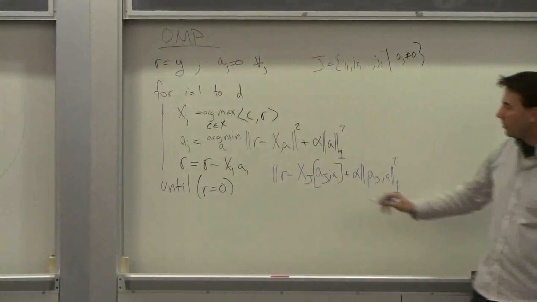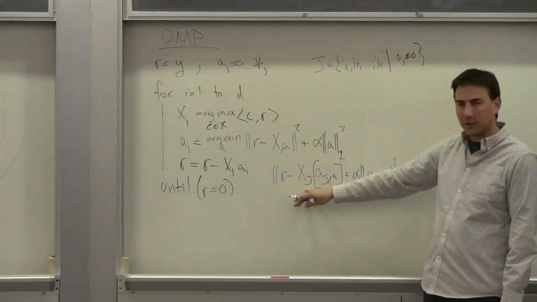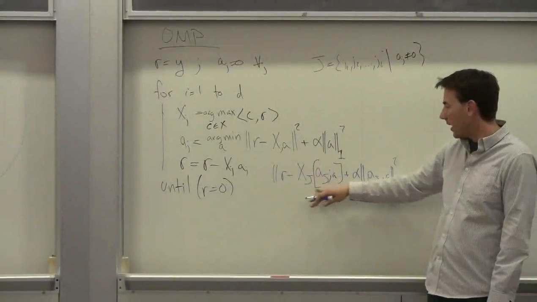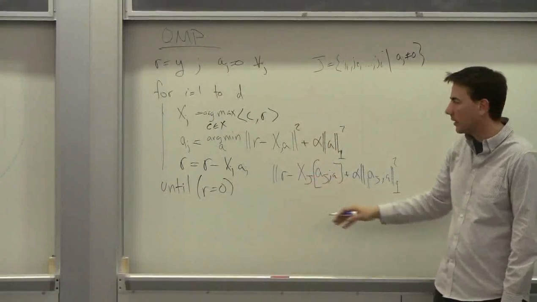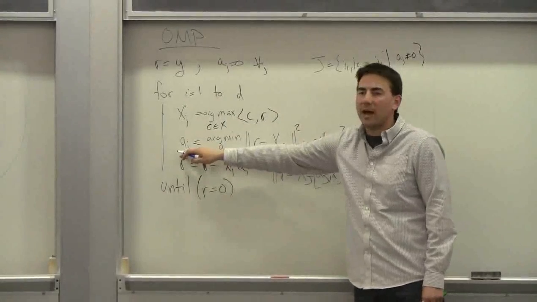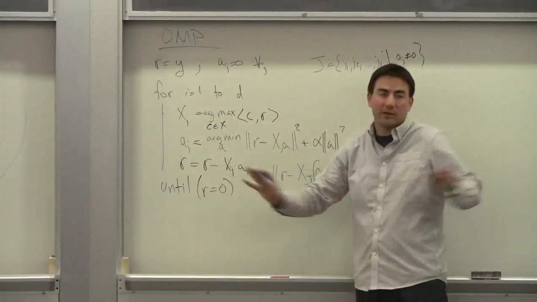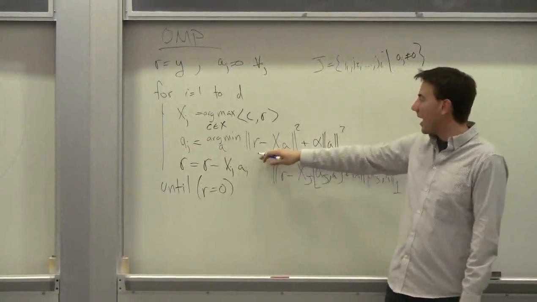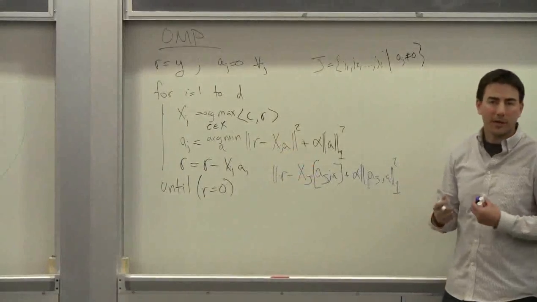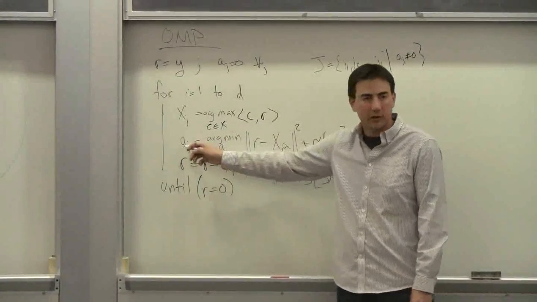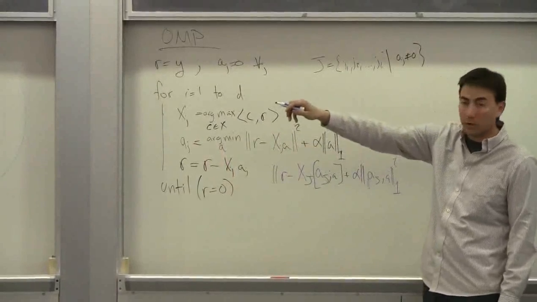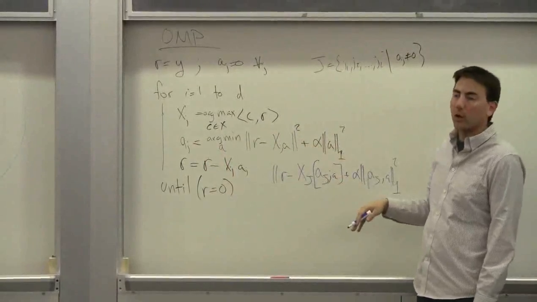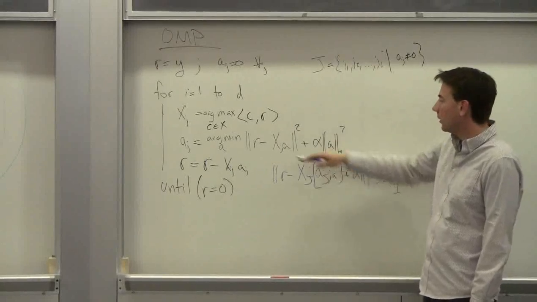So I can build up a submatrix X sub J, and have these solutions, and I can resolve for these. So instead of having a greedy technique where I set this value for the jth column and then fix it, I say, well, now that I have more columns to play with, I may come up with a different solution here.